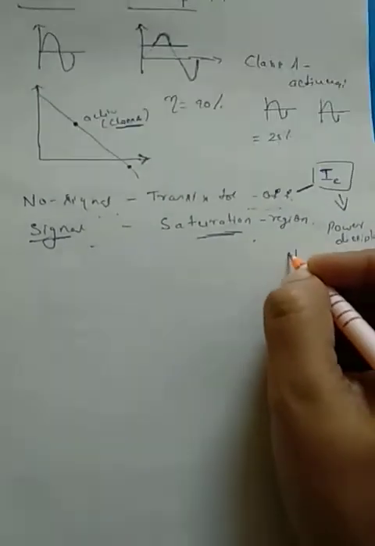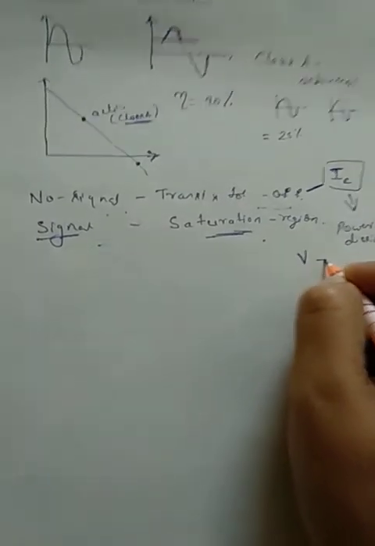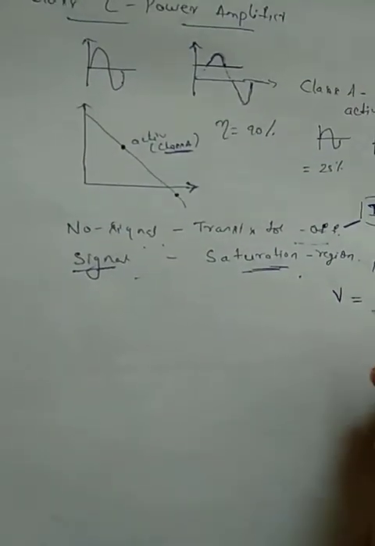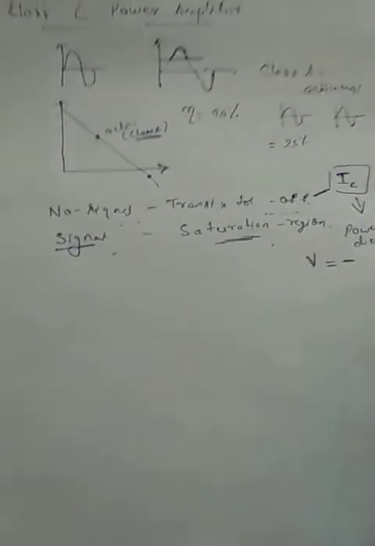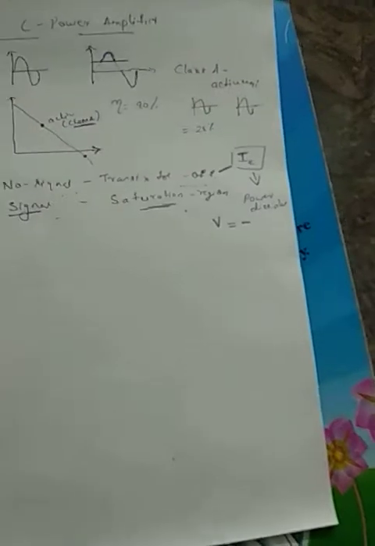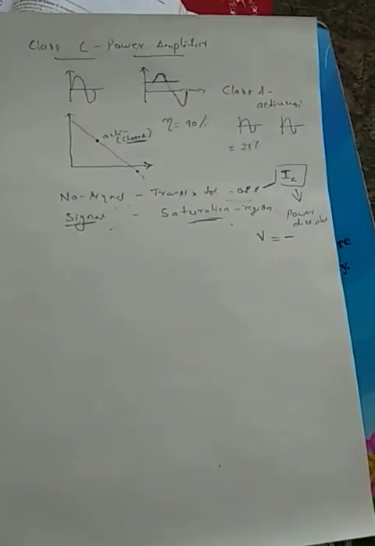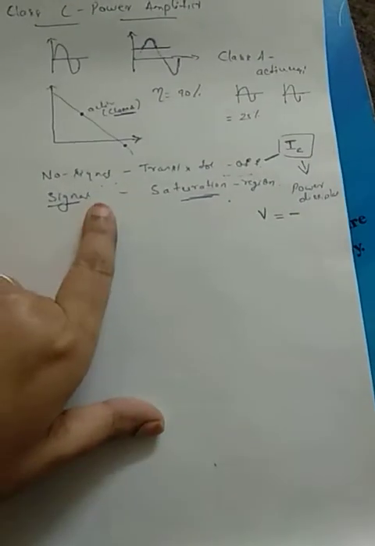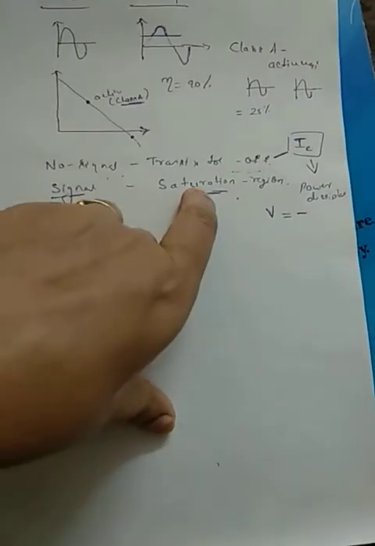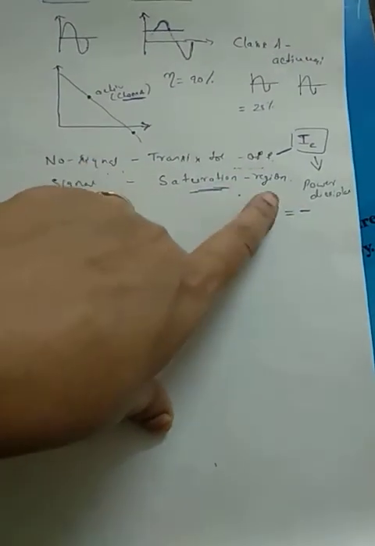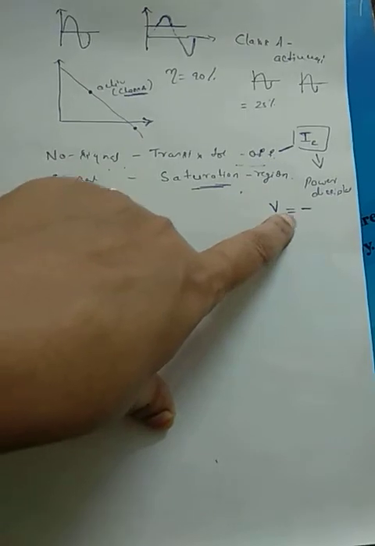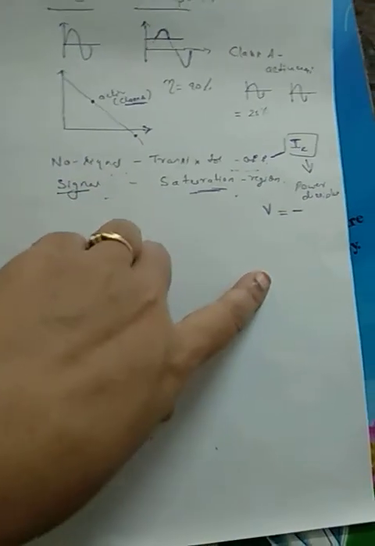Since the voltage is very less, again the power dissipation is small. This minimal voltage drop causes less power dissipation.